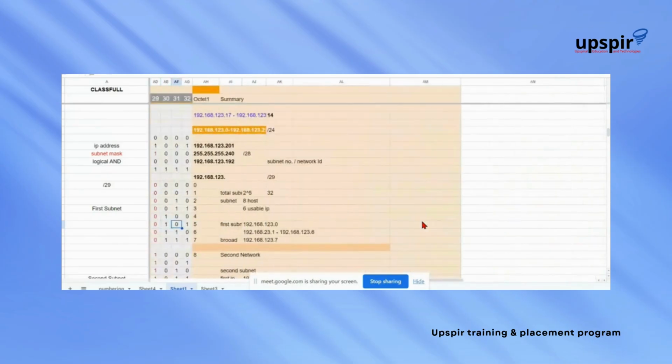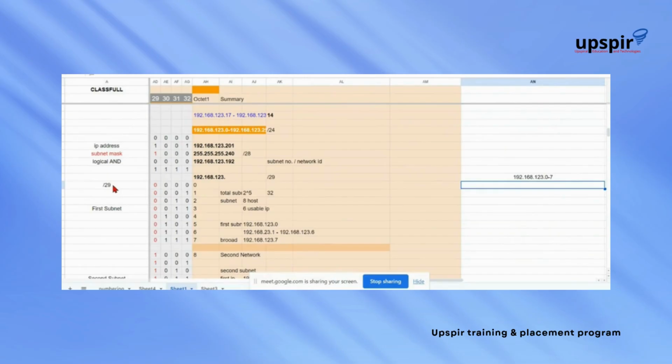If I take this example only, how many subnets will be created? Suppose I am using a slash 29 IP address. I told you every subnet has 8 IP addresses, so my question to you is how many subnets are getting created? How will you answer that? Anyone?